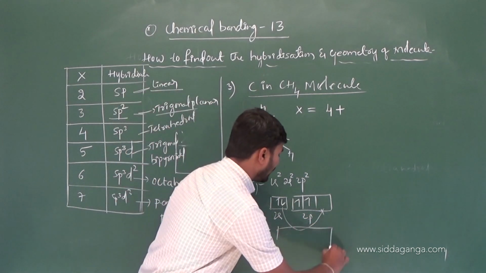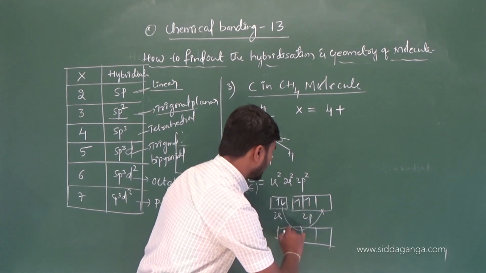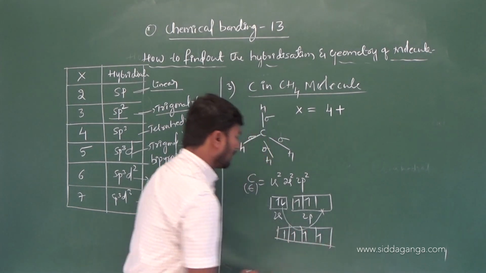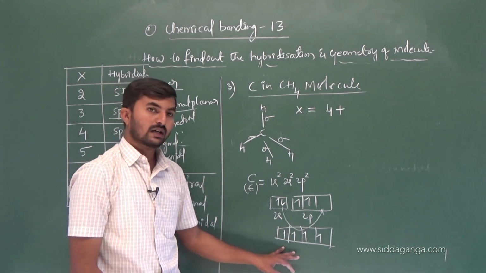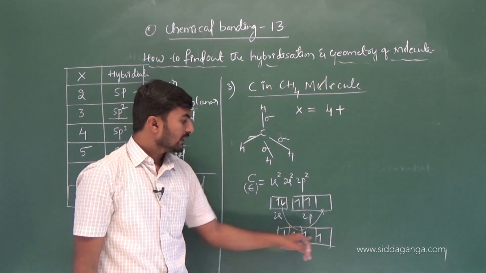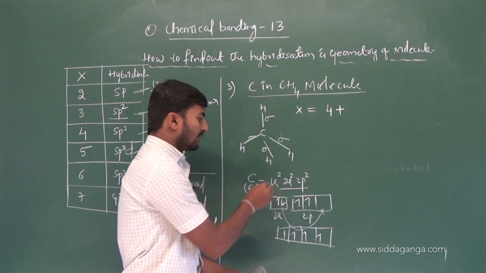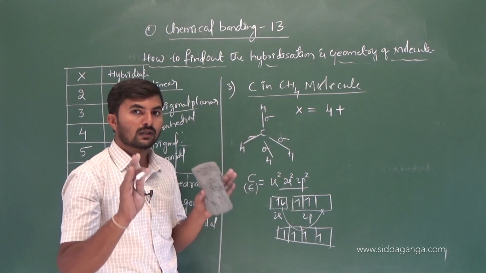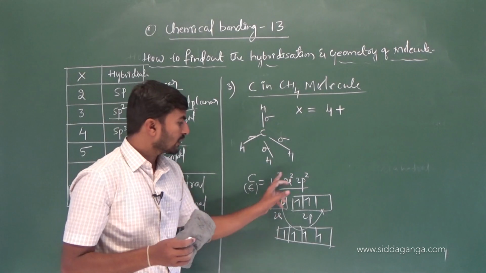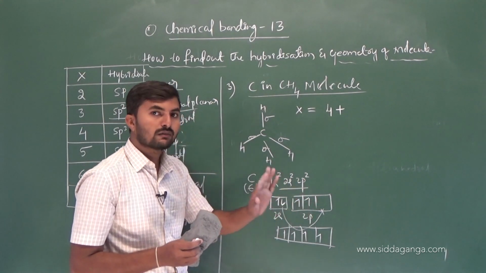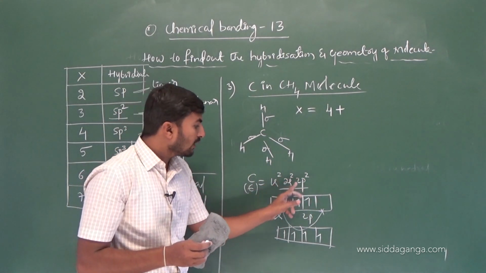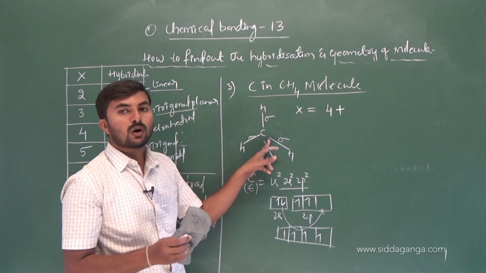4 hybrid orbitals are generated. That is why in the valence electronic configuration of carbon we do not have any non-bonded electrons. There are no non-bonded electrons and all the electrons are involved in bond formation.